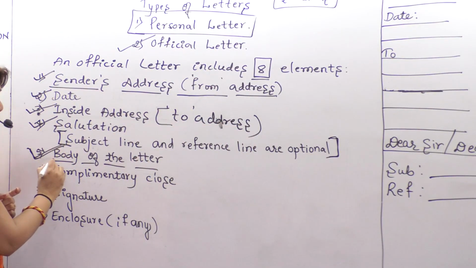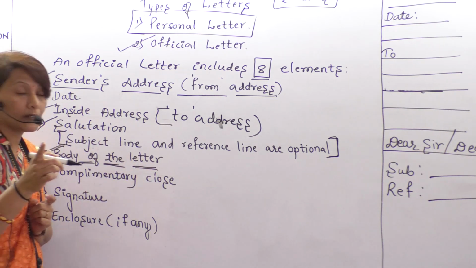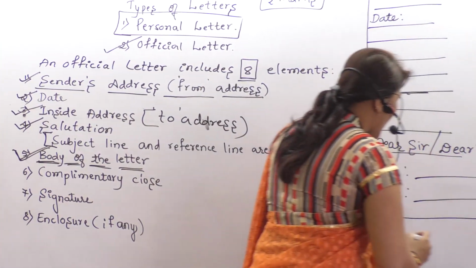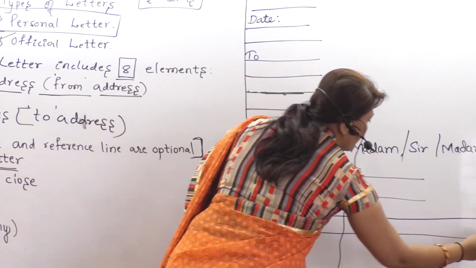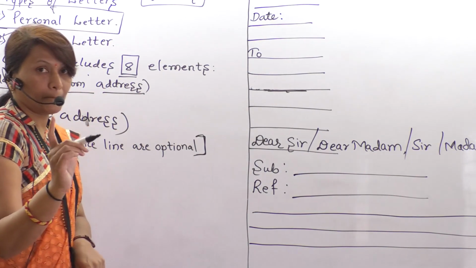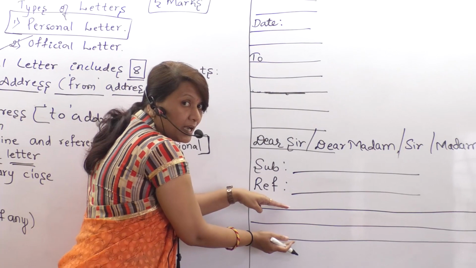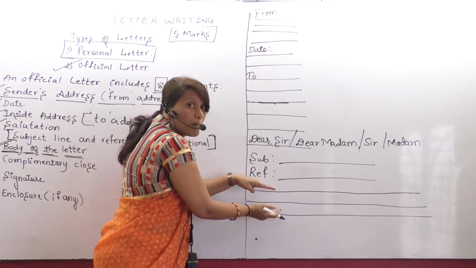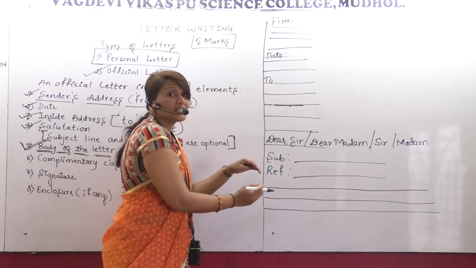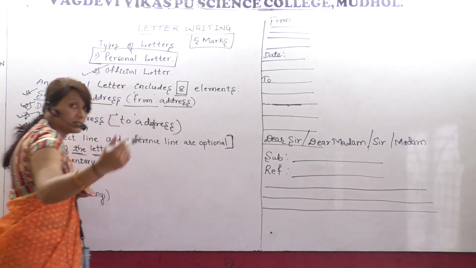Here you have to explain the information in detail, in the body of the letter part. That is the fifth point which you have to remember to elaborate an official letter.